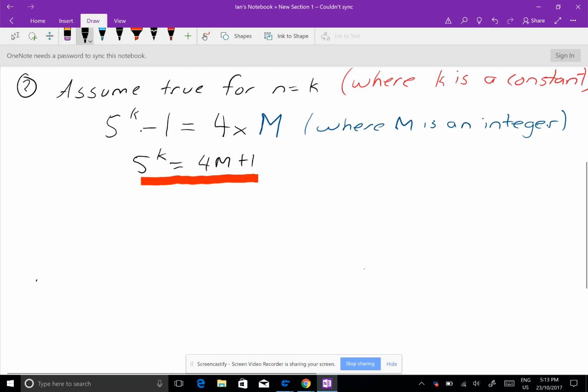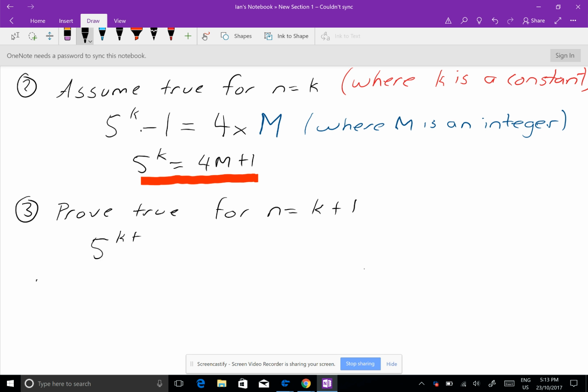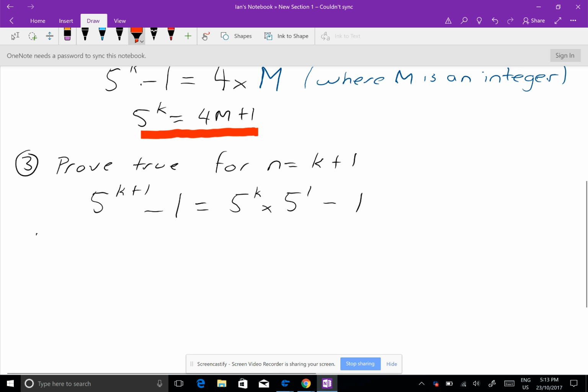Okay, so step number 3, the meat of the sandwich. Prove true for n equals k plus 1. Well, what is 5 to the k plus 1 minus 1? Well, that equals 5 to the k times 5 to the 1, minus 1. But remember, I'm substituting in what's under the red line up there for 5 to the k.